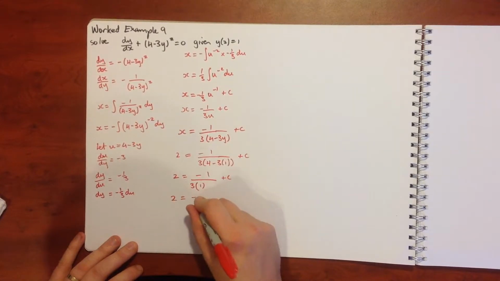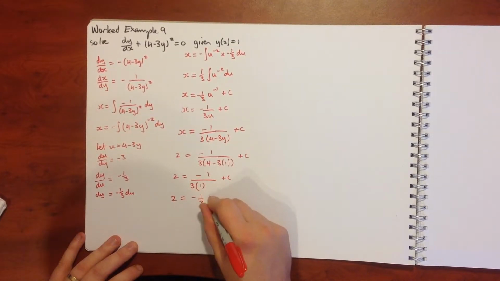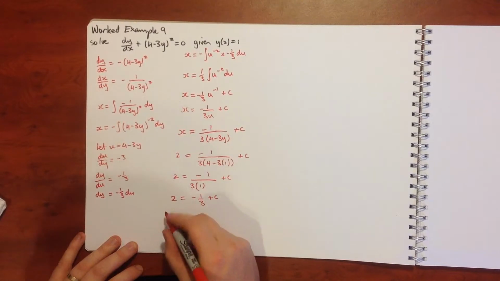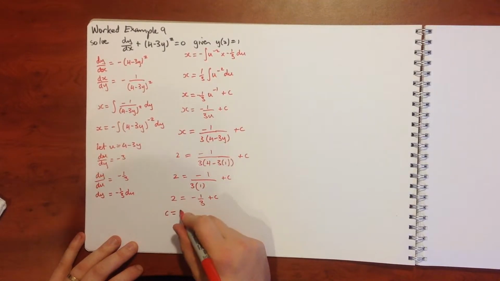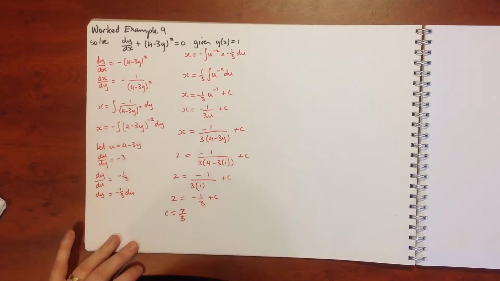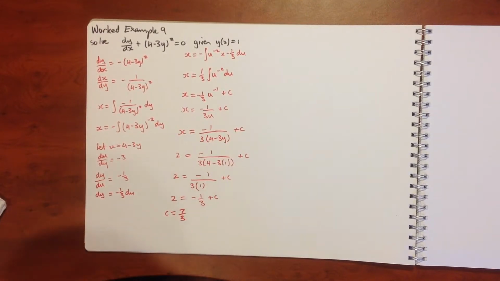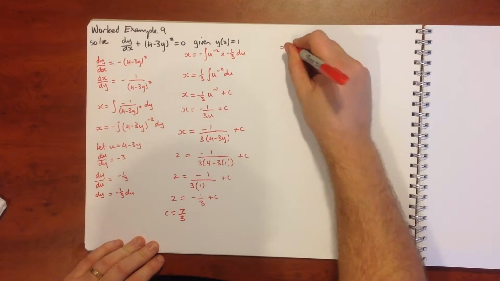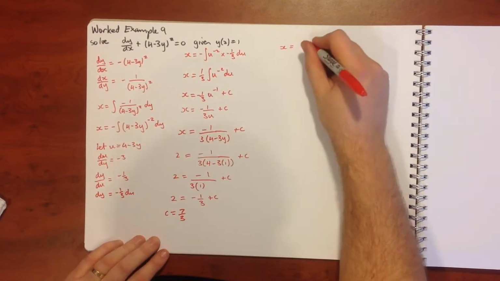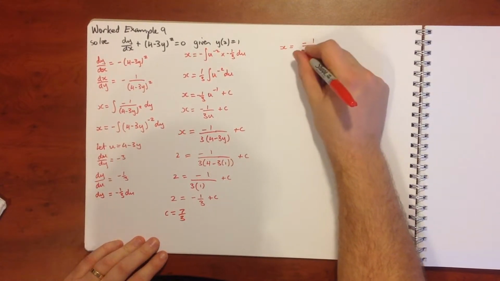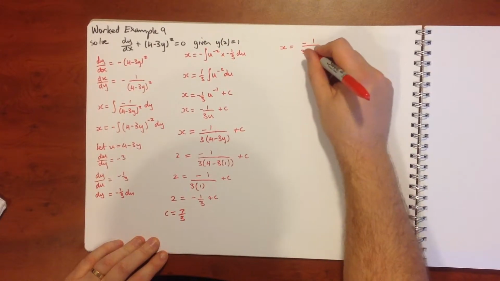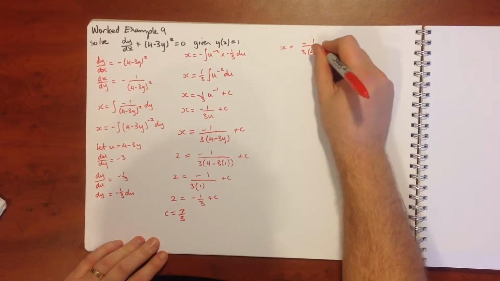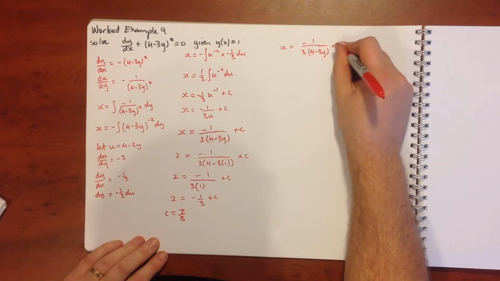So 2 equals negative 1/3 plus c, so c is equal to 7/3, when we add on our third. So we've got x equals negative 1 over 3 outside of (4 minus 3y) plus 7/3.